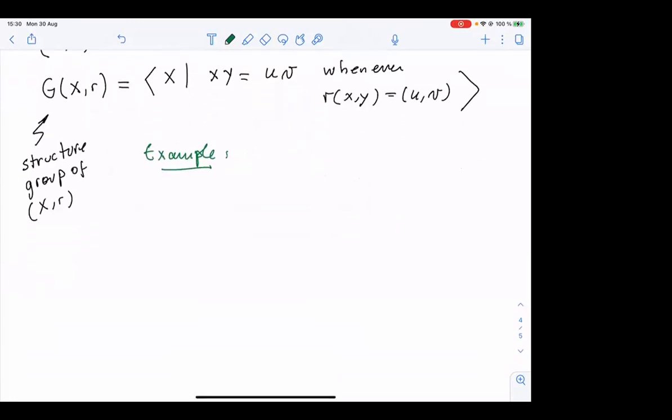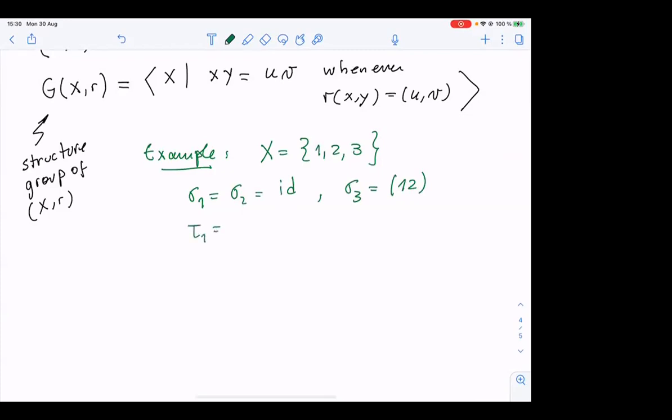So you can take X as this set, sigma 1, sigma 2, sigma 3. Sorry, these two are the identity. Sigma 3 is the permutation, the transposition, sending 1 to 2, 2 to 1, and 3 to 3. And tau 1, tau 2, again these two are the identity, and tau 3 is again the transposition of 1 and 2.